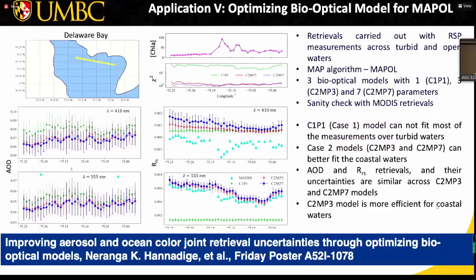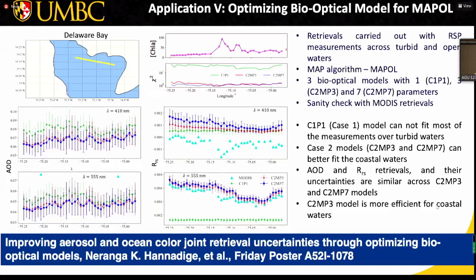I wanted to highlight a study by my student Naranga Hennadige. She studied different bio-optical models, showing C1P1 here and C2MP3 and C2MP7. Basically, these are three different bio-optical models of the ocean waters. The C1P1 is typically used to characterize the open ocean waters.